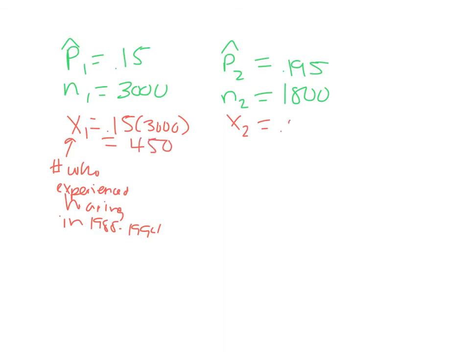Our x2 is 19.5% times 1,800, and that gives us 351.